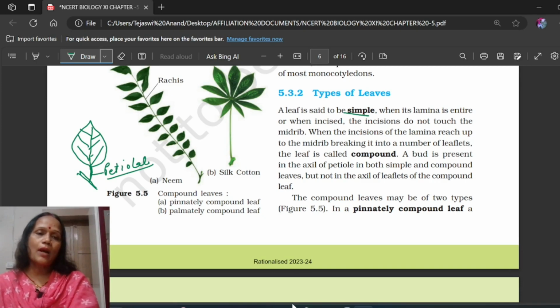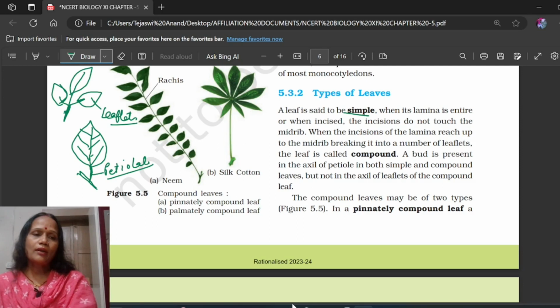But in a compound leaf you will find it like this, like in rose. When you see the rose in your hand, this is the midrib, but you can see that the midrib does not run from one point to the last point. These are called leaflets, not leaves, because these are not a complete leaf.